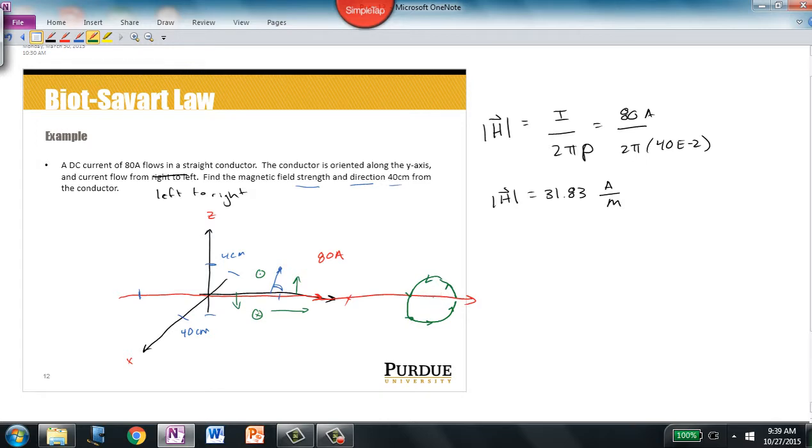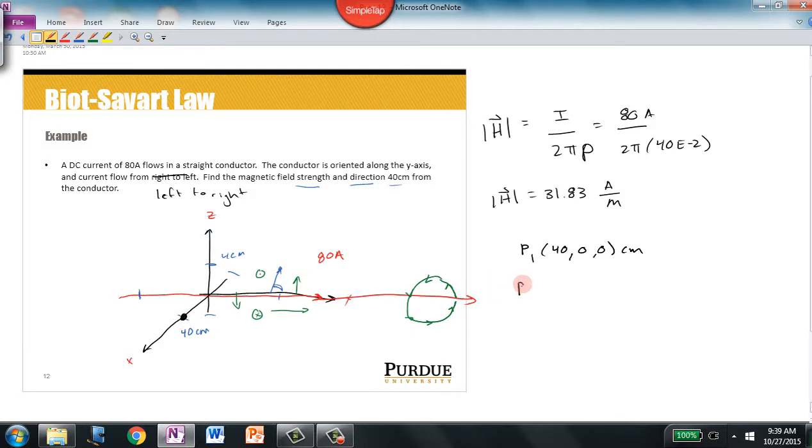So how can we quantify that numerically? Well, what I'd like to do next with this example is analyze the situation at a couple points. We've got 3 points. We've got P1, which is going to be at 40 centimeters on the x-axis. It's going to have no location on the y-axis, and no distance on the z-axis. That's all in centimeters. So we're measuring at that point right there.